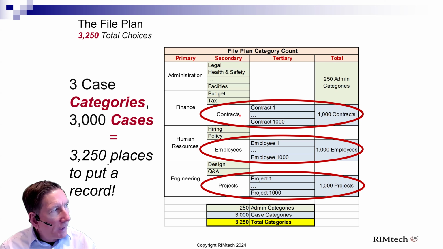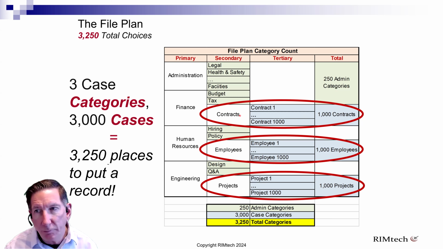Remember, we said earlier that every case must be kept separate from all other cases. Translation. In SharePoint, we have to have a different place to store them. So every document you put in SharePoint has to go to some place or location, right? Has to. So you're going to need to keep them separate if they're cases.